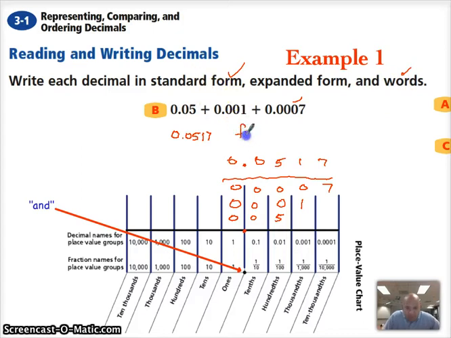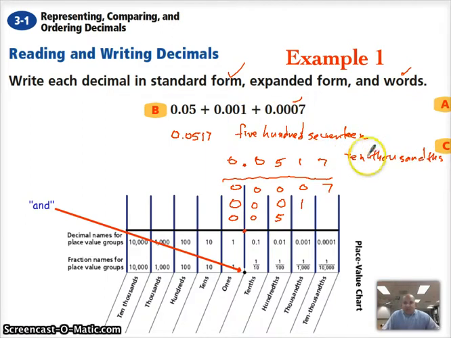Well, it's 517, just as if there was no decimal point, and then we need to put down ten-thousandths. I'm going to go on this next line here, ten-thousandths, THS, 517 ten-thousandths.